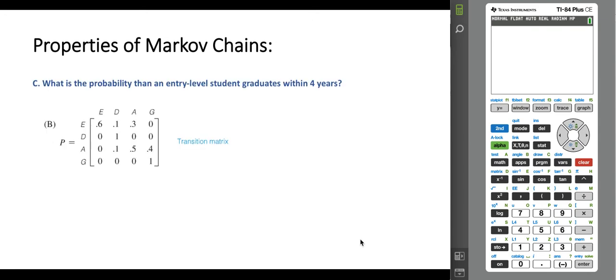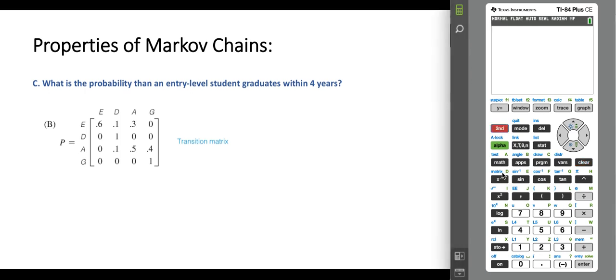So what's the probability that an entry-level student graduates within 4 years? To do that, we're going to find the fourth power of this matrix. If we raise P to the fourth power, that's going to show us what's happening in 4 years. So we want to enter that information into our calculator.